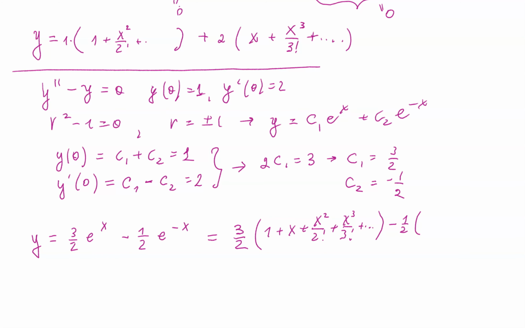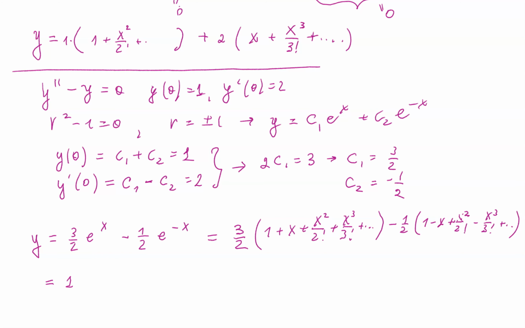And actually this one is going to be very same, just because it's negative x, it is going to give me minuses for odd powers of x. So it's 1 minus x, but again plus x squared over 2 factorial and minus x cubed over 3 factorial and so on, right? I'm going to simplify it a little bit. So if I combine these first two terms, which don't have x, that's 3 over 2 minus 1 over 2, is going to give me 1.